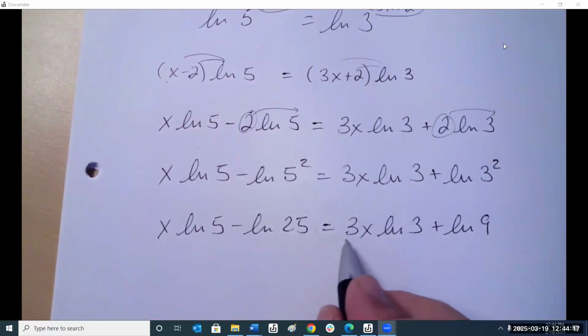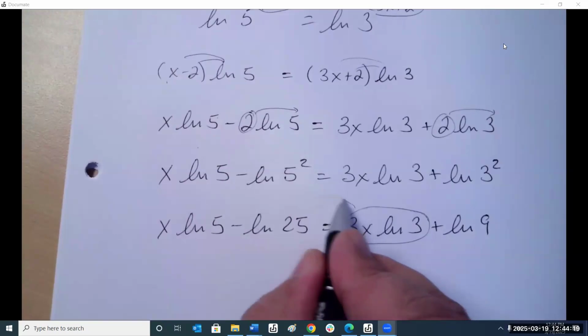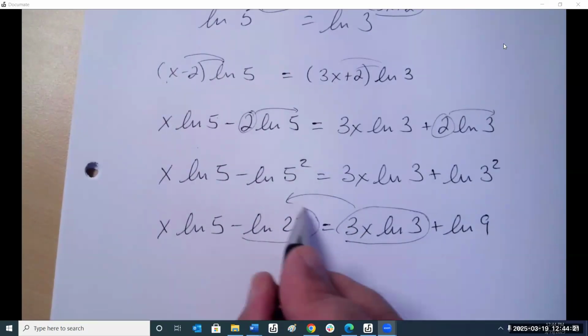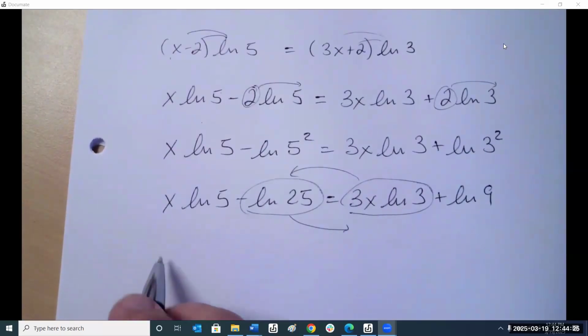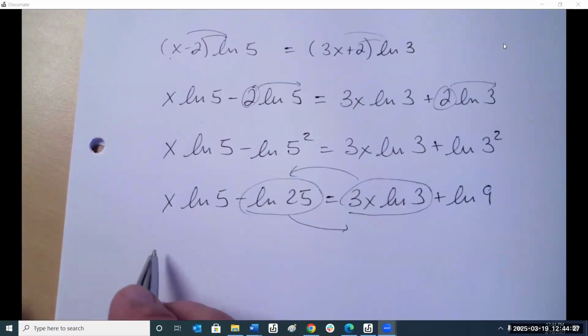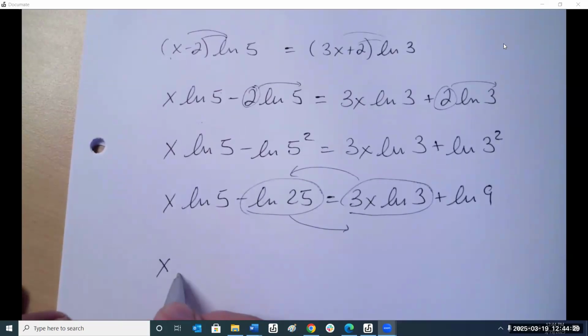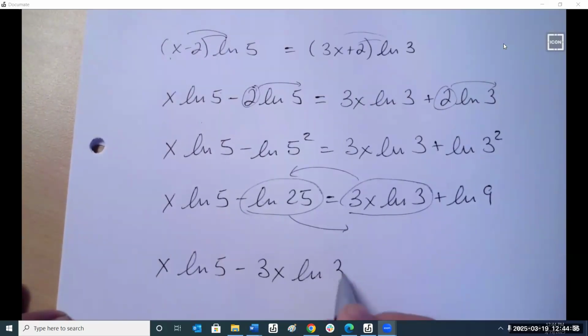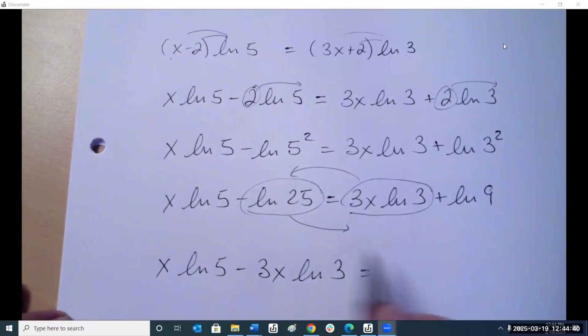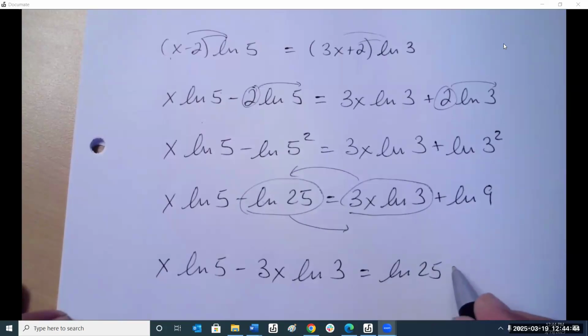So let's move this x to this side and this to the other side. We did something similar to this not too long ago. So that one becomes a minus 3x. Then this one's going to be ln 25 plus ln 9.